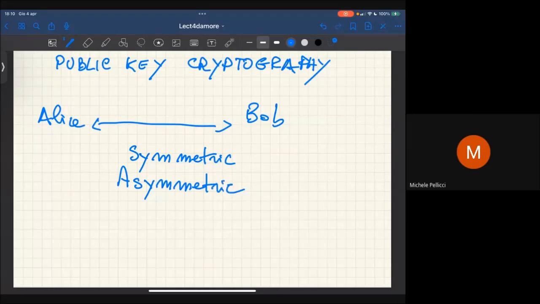We have considered for confidentiality the symmetric type of cryptography. But public key cryptography is the most important type of cryptography for the asymmetric case.